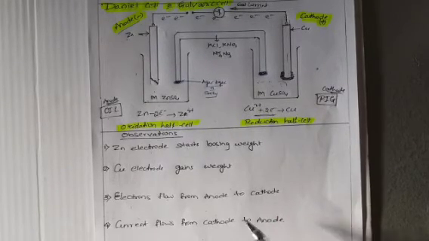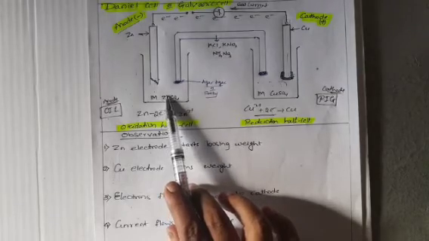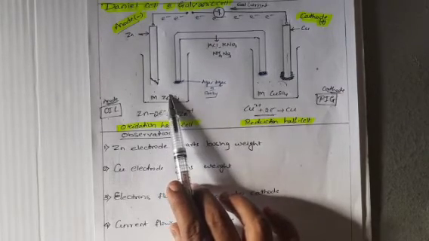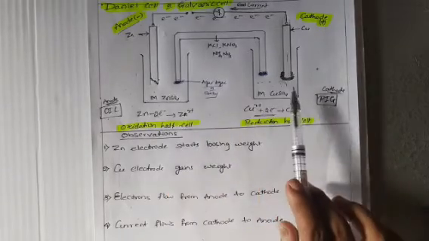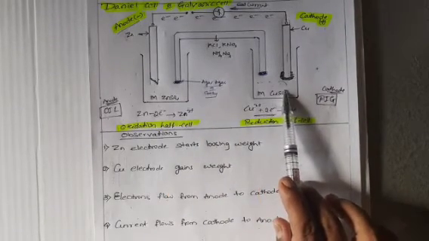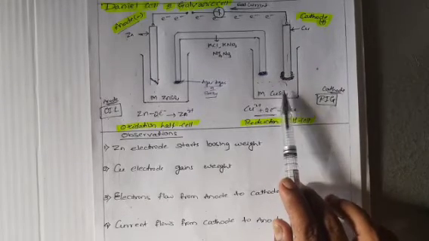So what happens here? The concentration of Zn2+ ion increases in the anode solution, and the concentration of Cu2+ ion decreases in this beaker, the cathode part.